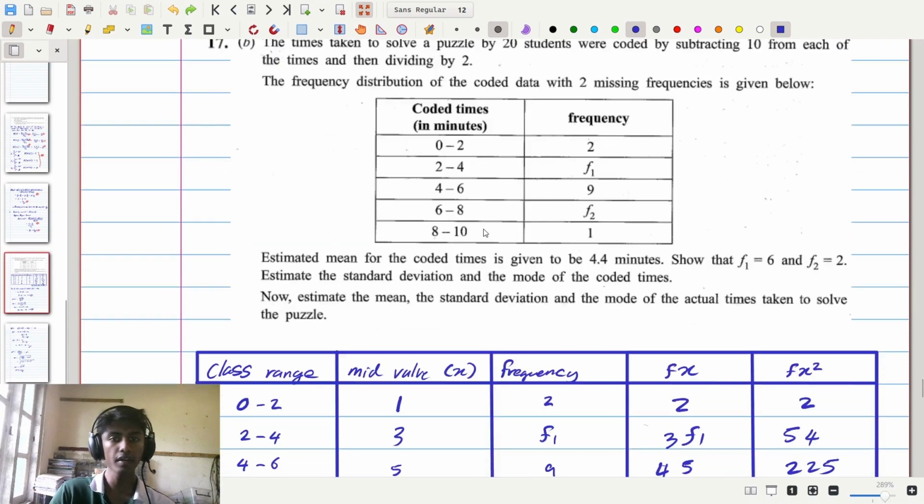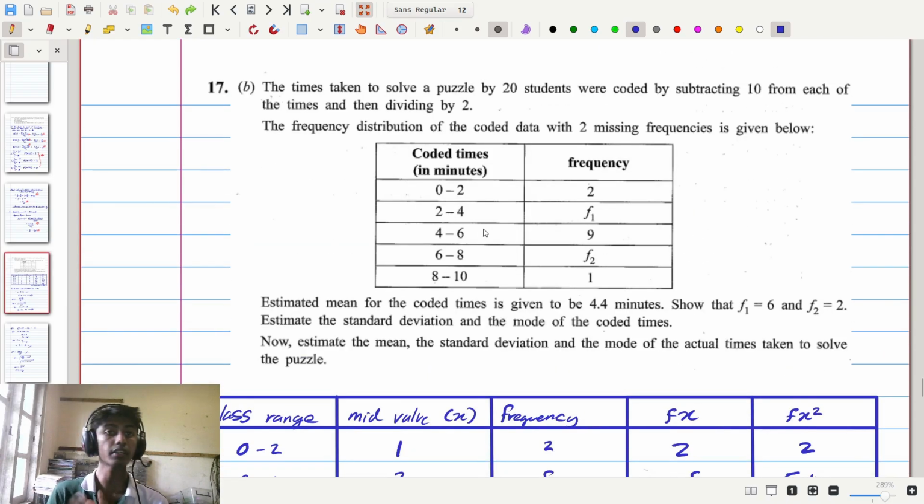Now going up, if we take a look at our classes, the class with the highest frequency, i.e. the modal class, is this class right here. It is the class with the interval from 4 to 6. This class has a frequency of 9, where all the other classes have lower frequencies. So therefore, this class range is the modal class. Now considering that, since L is the lower bound of the modal class, we can see L is equal to 4.